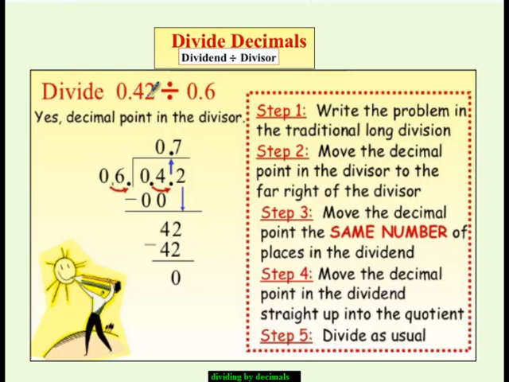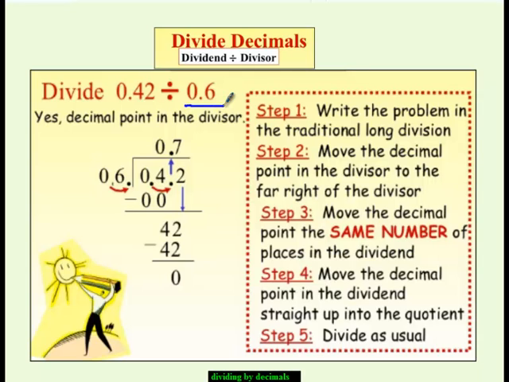Here I have 0.42 divided by 0.6. I have to look at the divisor. The divisor is what? 0.6.